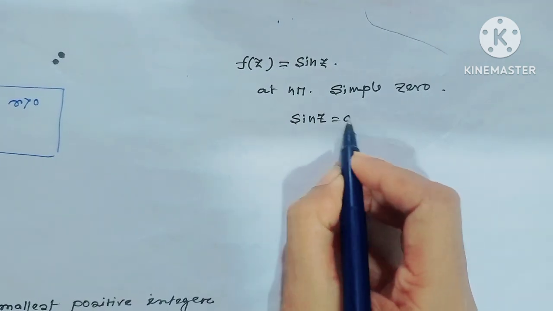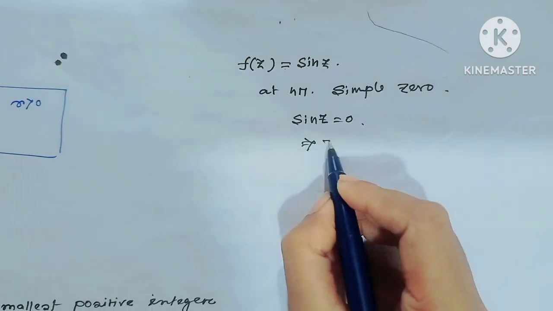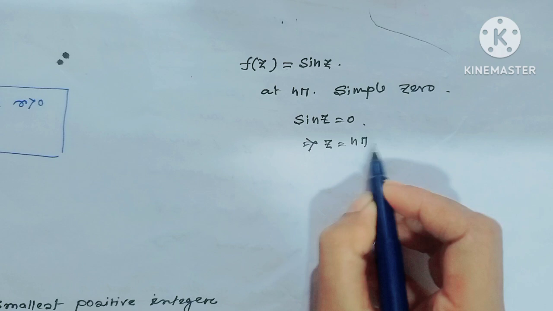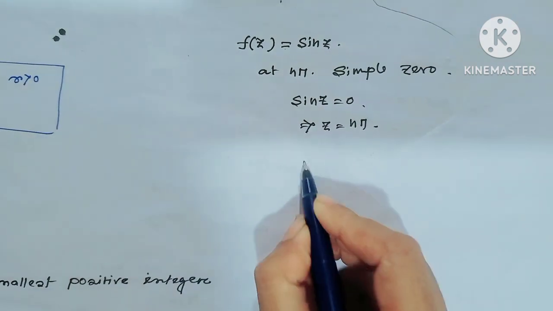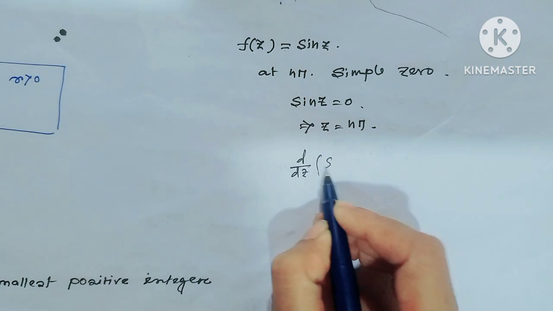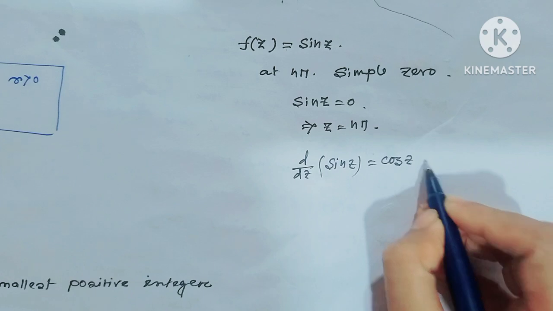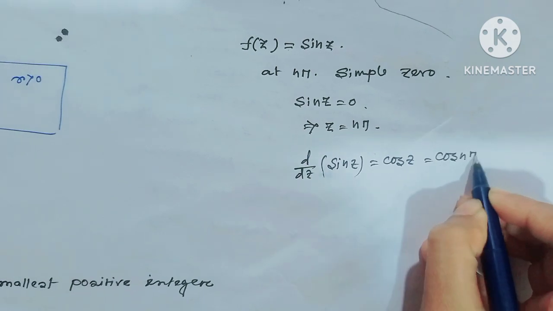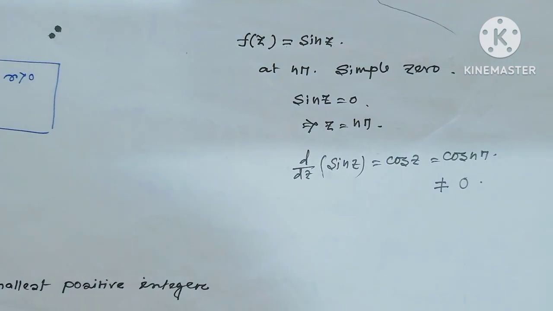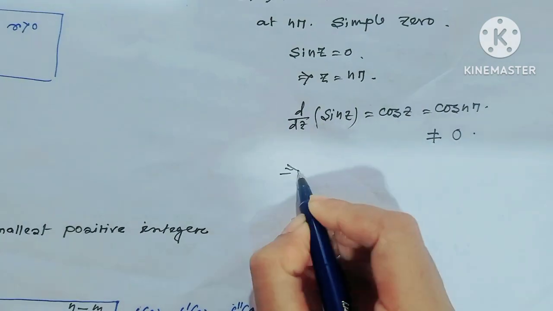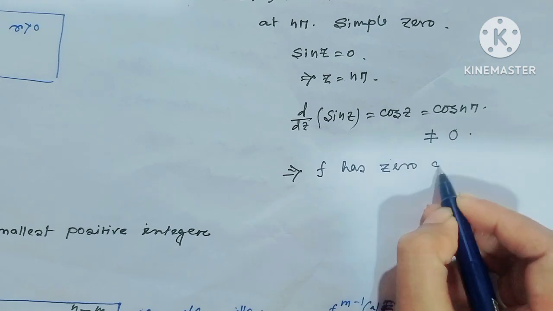Because sin z is 0, we all know, only at the points z = n pi, but d/dz of sin z equals cos z, and cos n pi is not equal to 0. So obviously that implies f has a zero of order 1.